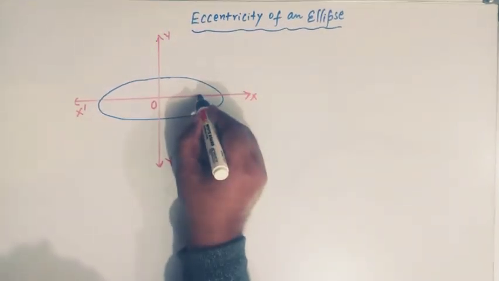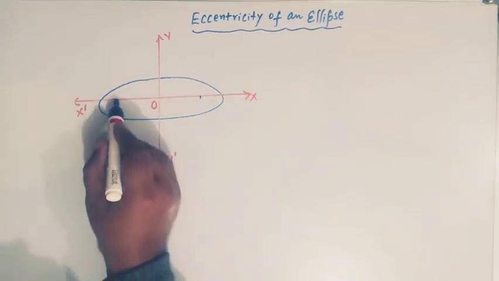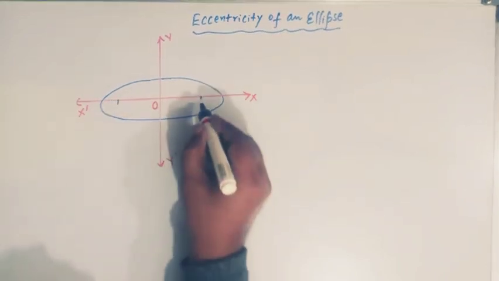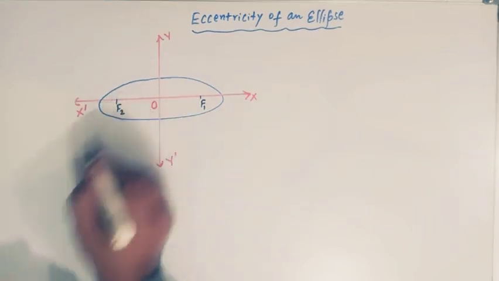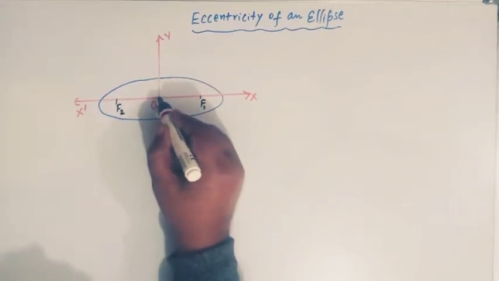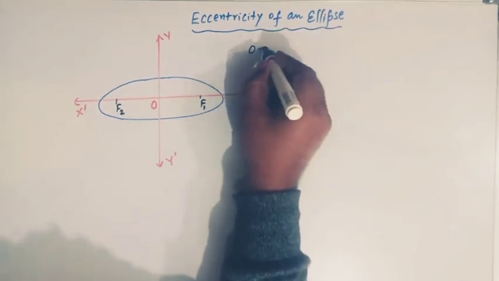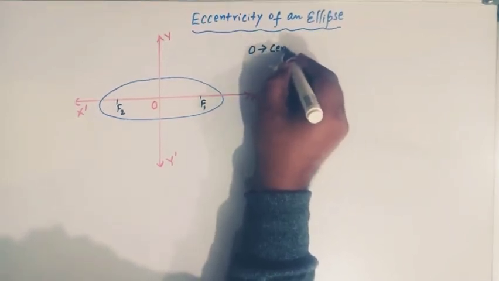Suppose these are the two foci of the ellipse, F1 and F2, and O is called the center.